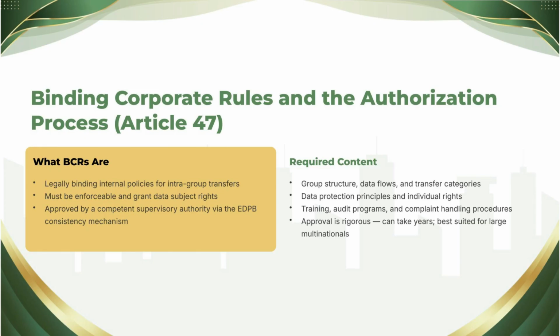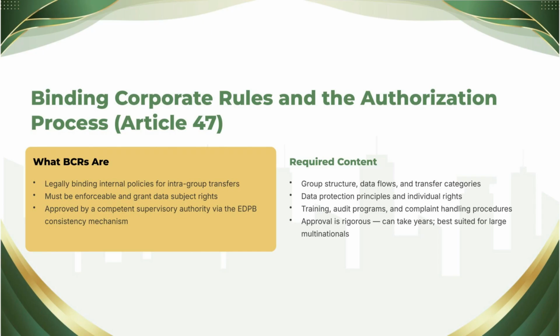What must BCRs contain? Article 47 sets a demanding syllabus. The group structure and contact details of every member. The data flows covered, categories, purposes, destinations. The full suite of data protection principles applied as binding commitments. Enforceable third-party beneficiary rights.